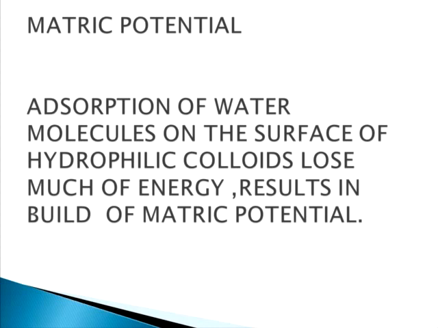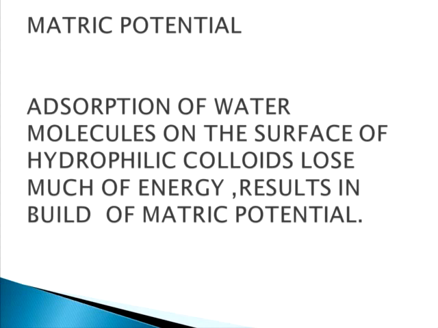So it is neglected in the equation, and we come to the final equation of water potential as Xi p plus Xi s, because we neglect Xi m since its value is negligible. Now all of you know about matric potential.